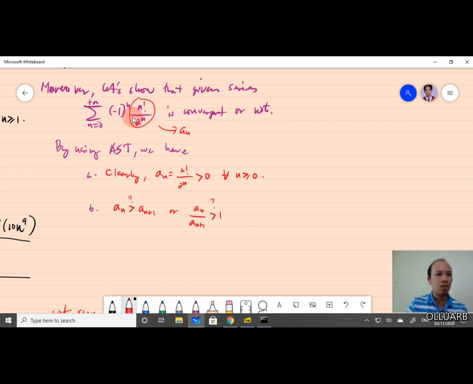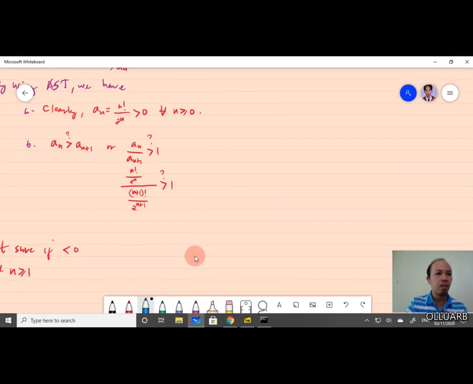So let's plug in. We have n factorial over 2 to the n divided by n plus 1 factorial over 2 to the n plus 1. Is this greater than 1? Let's simplify this.